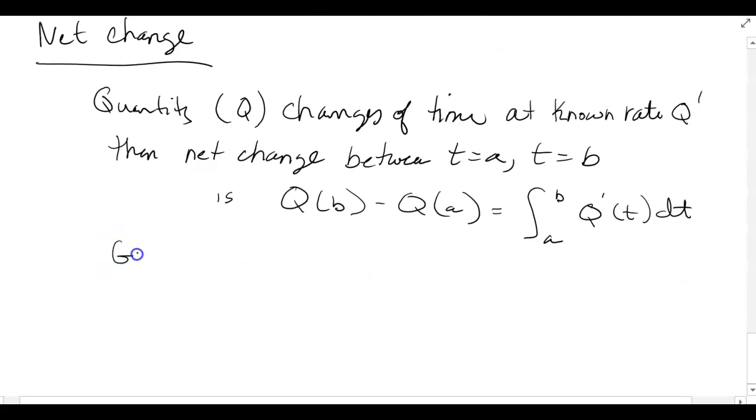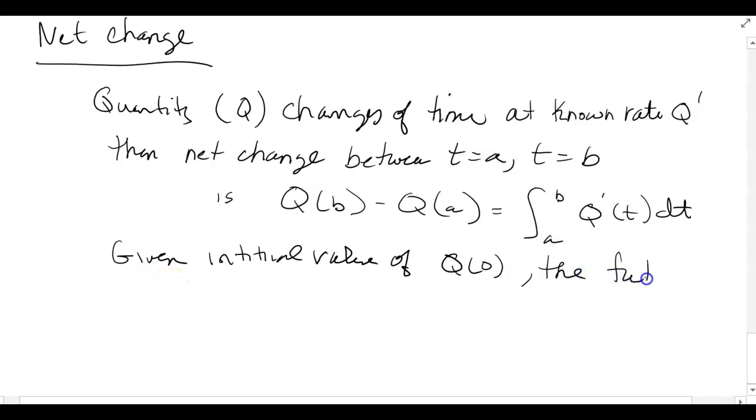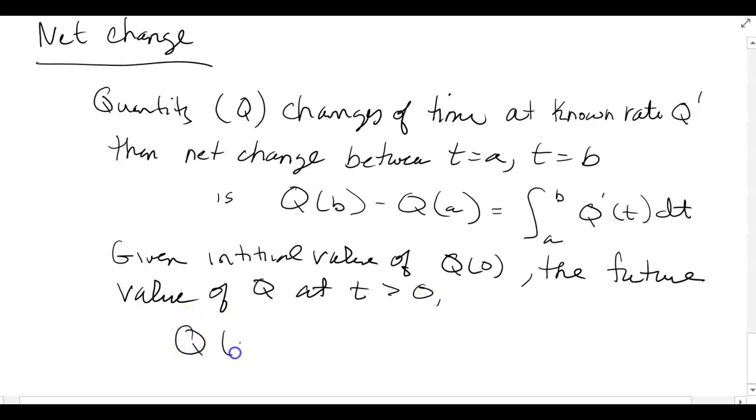And the same idea as before, given an initial value of Q sub 0, the future value of your quantity, whatever that quantity happens to be, at some time that is greater than 0, you can use the same idea.